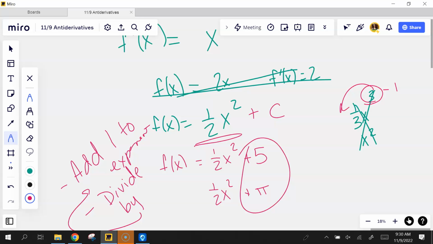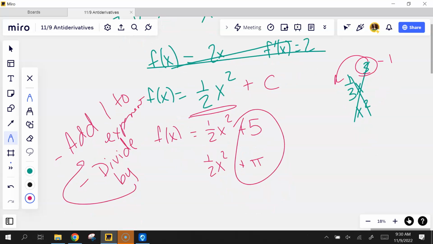So, for example, whatever this number is, that exponent plus 1. And then always plus c. Now this is for whenever we have these polynomials that it's easy to do this.